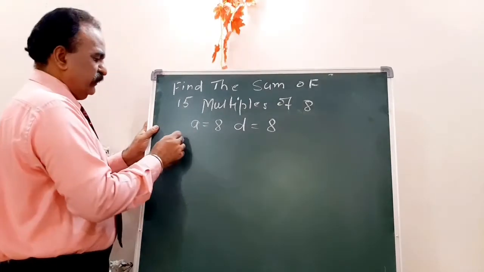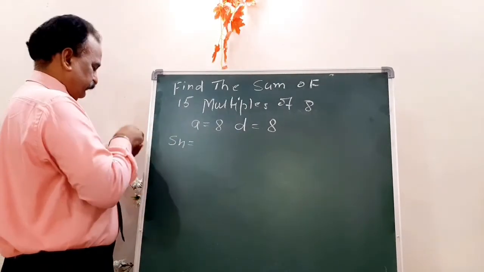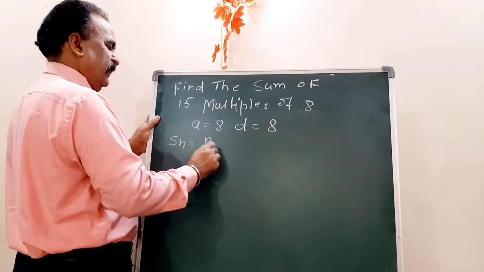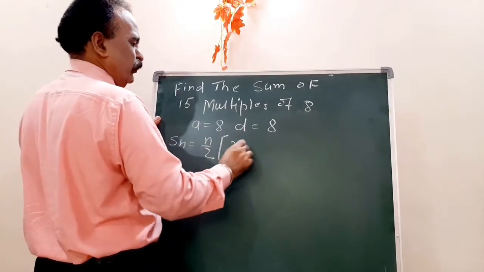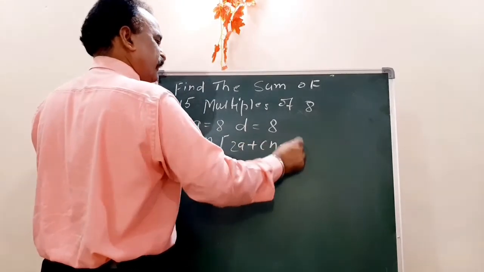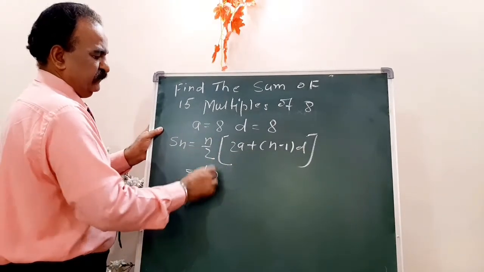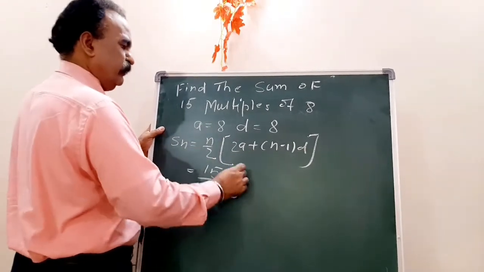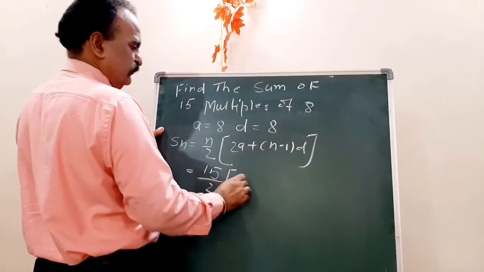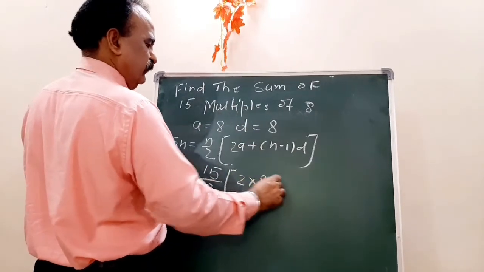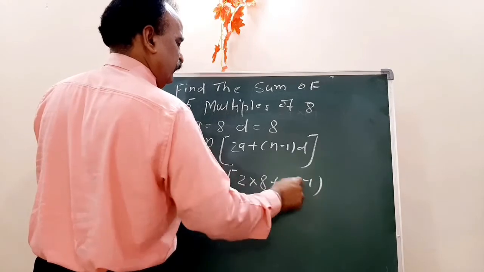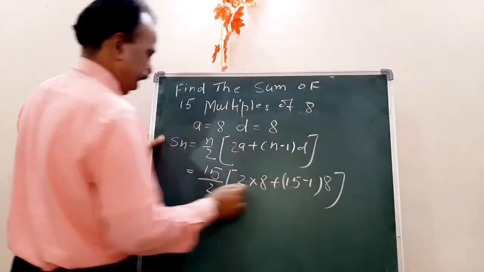Now sum Sn is equal to n by 2 into bracket 2a plus n minus 1 into d. n means 15. 15 upon 2 into bracket 2a. a means 2 into 8 plus 15 minus 1 into d is 8.